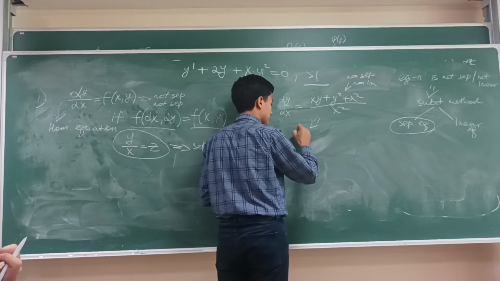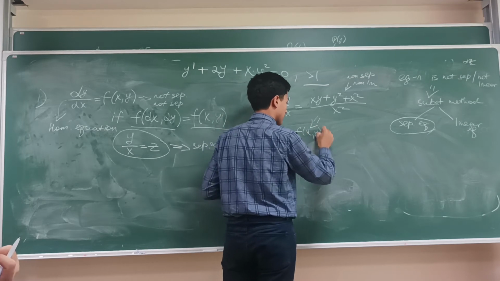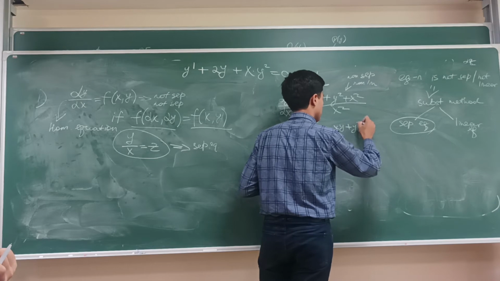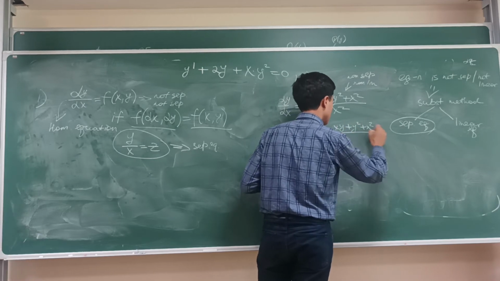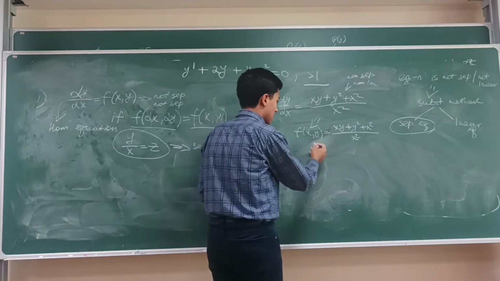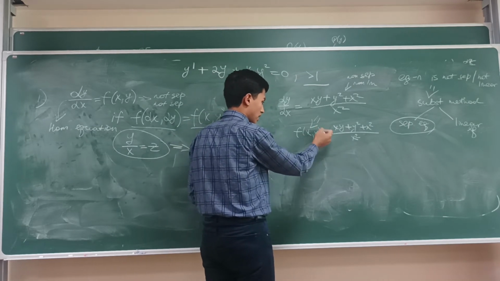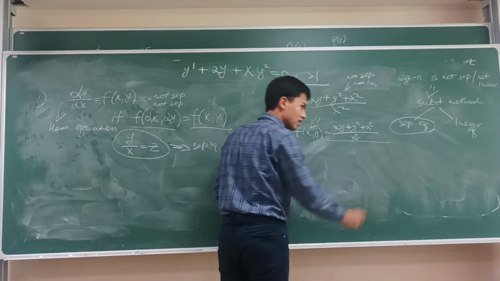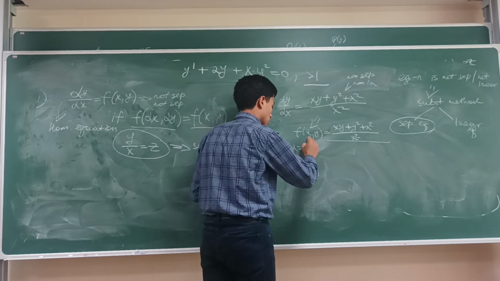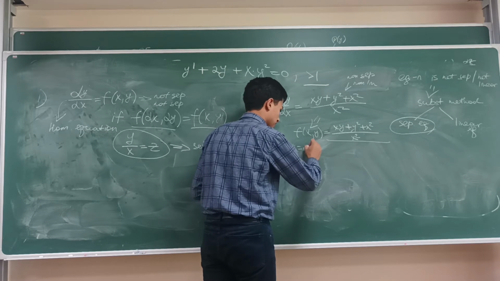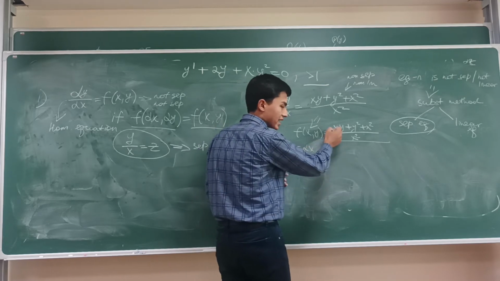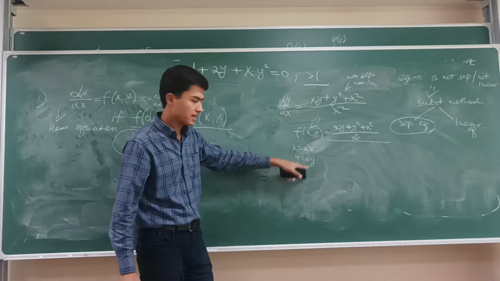Let's consider it's f(x, y) equals xy plus y squared plus x squared, over x squared. So when the input is x and y, this is the output. Now let's consider x equals alpha x and y equals alpha y. Instead of x and y, we put alpha x and alpha y.